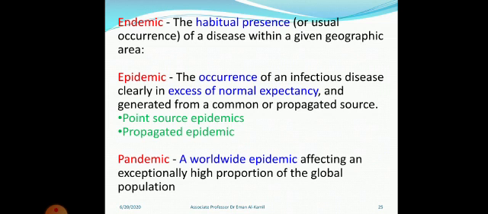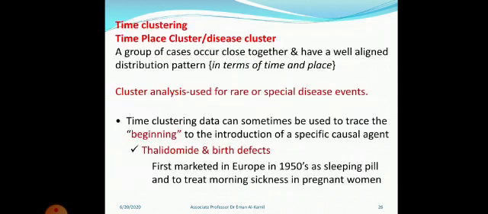The epidemic is an increase in the occurrence of the disease which is more than expected, more than its normal expectancy. There are two types of epidemics, which are either common source or point source epidemic, or propagated epidemics. Hopefully, we are going to discuss this in another lecture. Pandemic, as we mentioned, is an international or worldwide epidemic of transmission of infections, such as COVID-19 by now.